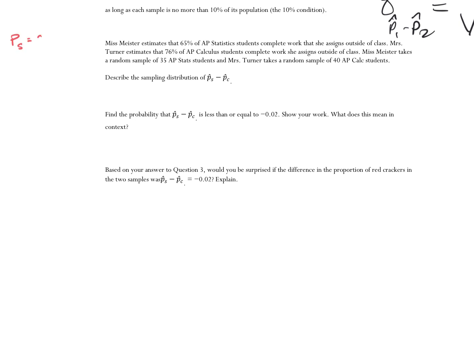The p for the statistics group is 0.65. Cool. What else? The p for the calculus group is 0.76. Okay? And then n for statistics is 35, and for calc is 40.